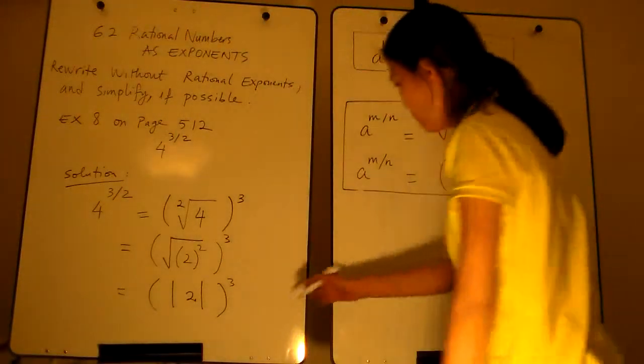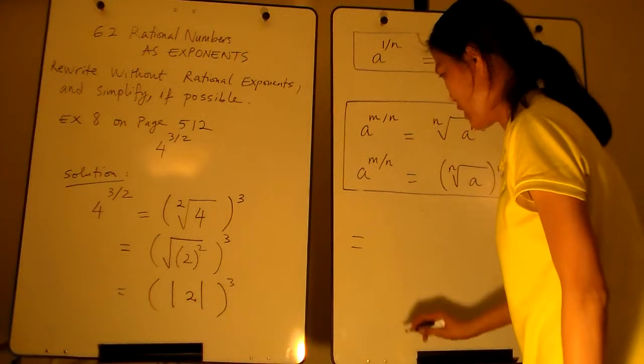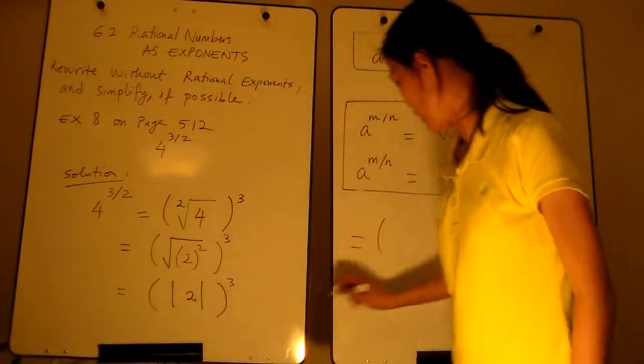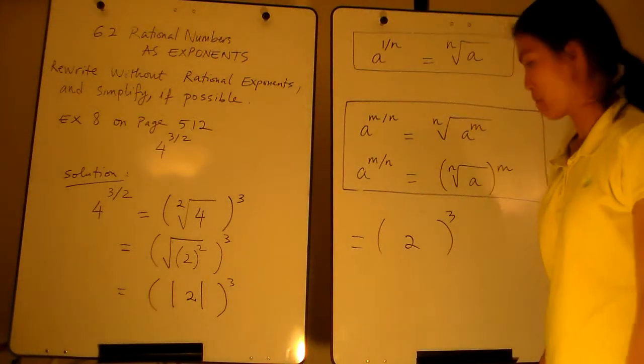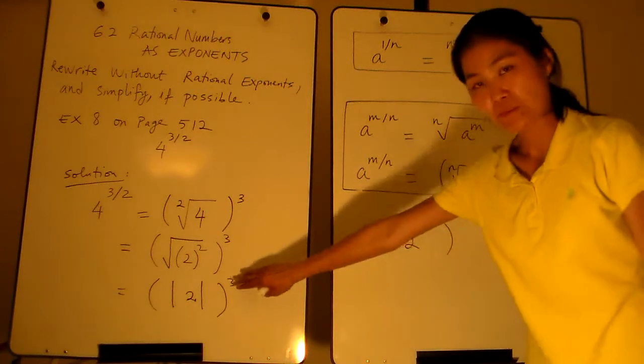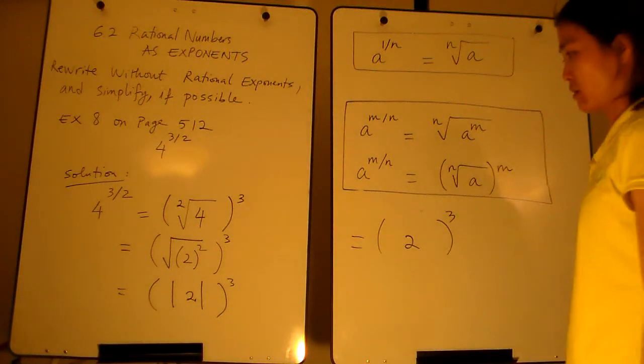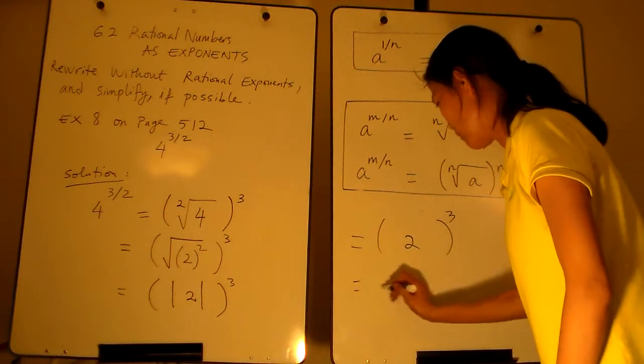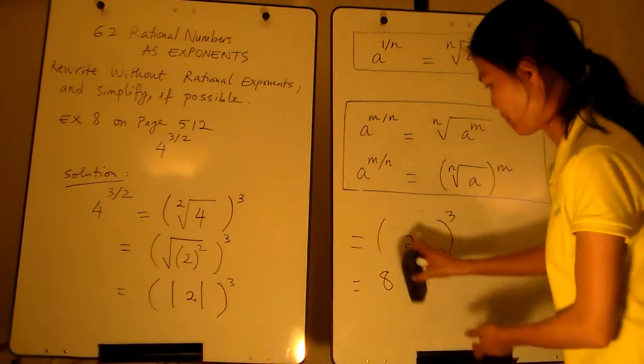Let me continue here. Simplify, and you get the absolute value of 2, which is 2. We learned about this at the very beginning of the semester. So 2 to the 3rd power is 8.